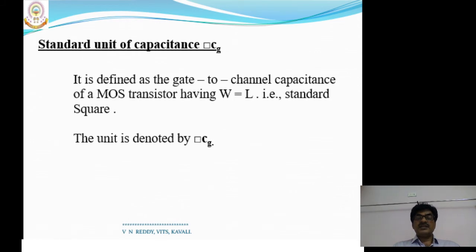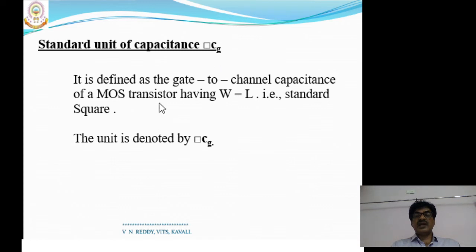And in the VLSI circuits case, the square Cz is considered as the standard unit for capacitance. Whatever the capacitive structure, or whatever the layers used for the formation of the capacitor, the capacitance value is commonly represented with the standard unit known as the square Cz.